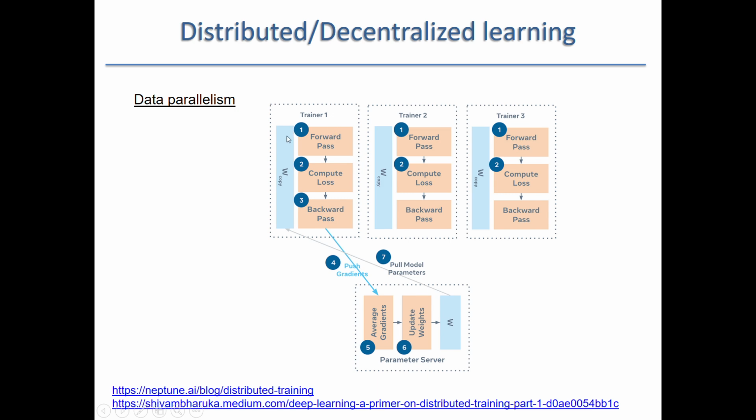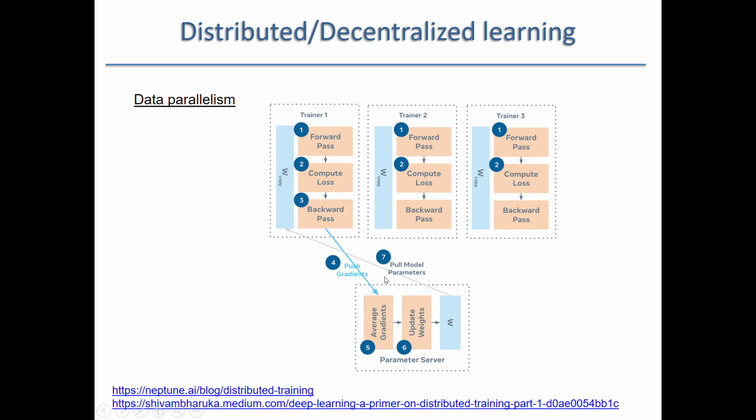Each one of the workers has a copy of the weights of the network. So they do a forward pass, they compute the loss, they compute the backward pass, and they propose an update of the weights based on the gradients.